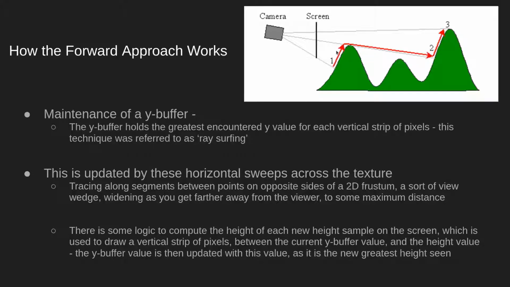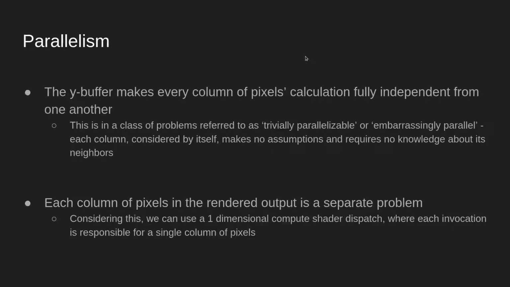This can happen independently for every strip of pixels horizontally across the screen. So what I tried to do was go through and do a one-dimensional dispatch that was just by columns.